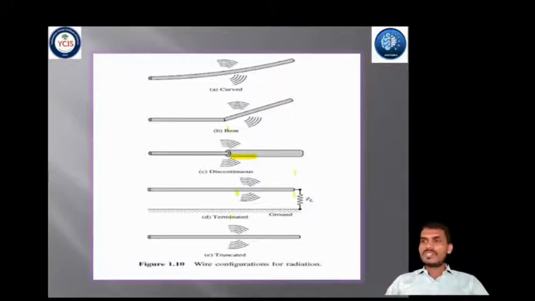The internal forces receive energy from the charge build-up as its velocity is reduced to zero at the end of the wire.